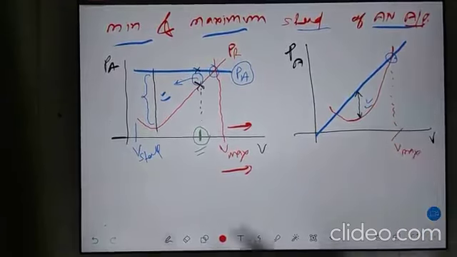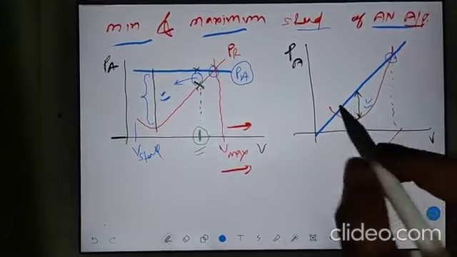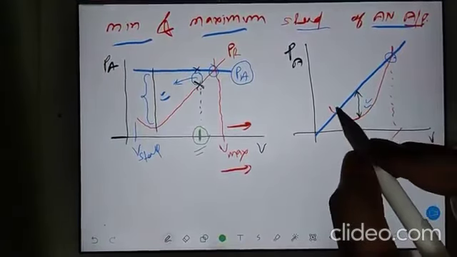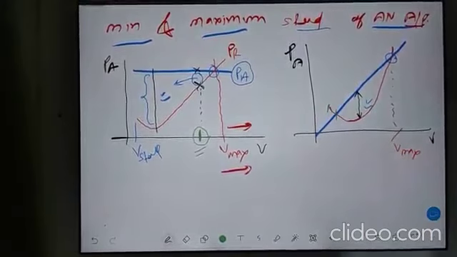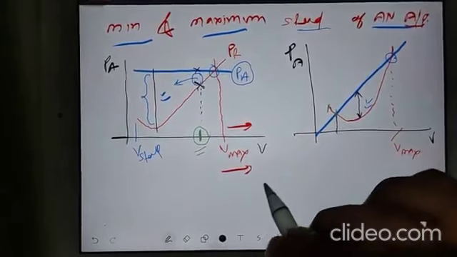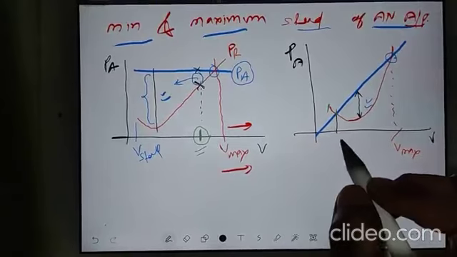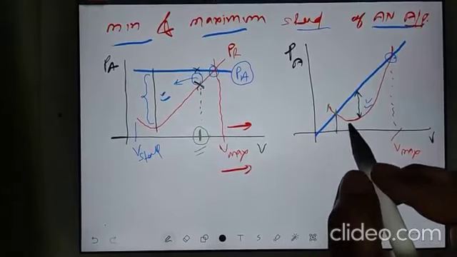Any aircraft can go. But here you have two interesting points. One, I'll use green color. One point is this and one point is this. So see, at this point, your power available and power required are both the same.